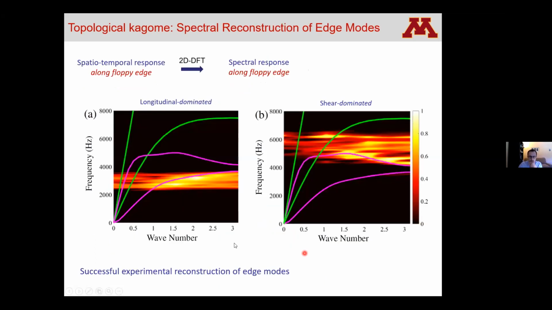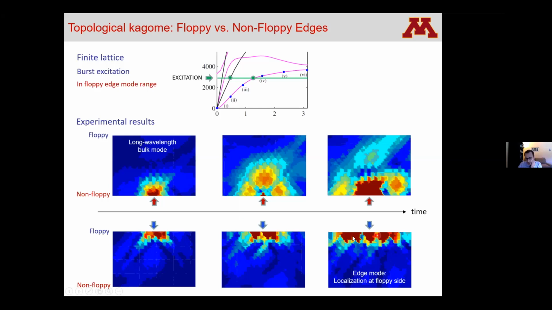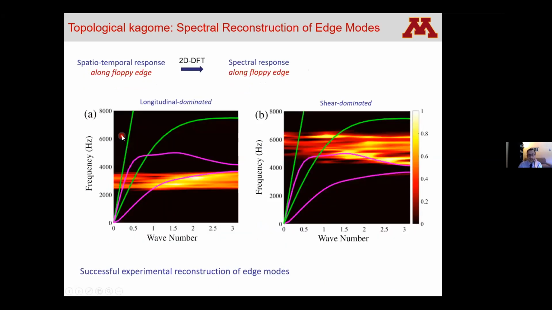And we can also confirm this through some Fourier analysis. So here I'm actually taking the response along the floppy edge, okay? So the time histories of all these points that live on this edge, and I'm performing Fourier analysis of that data. And so here I have frequency, and here I have wave numbers, and the color in this map represents spectral amplitude.